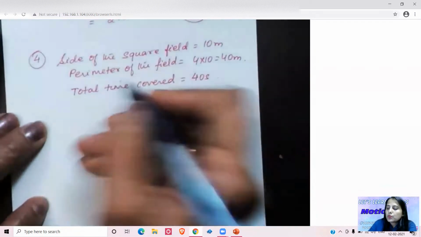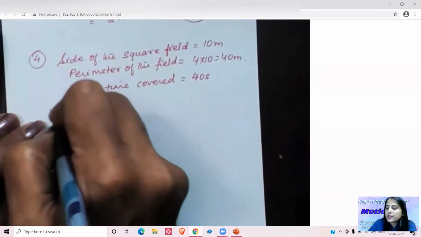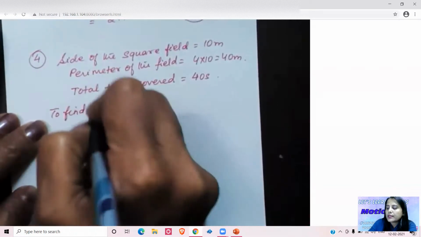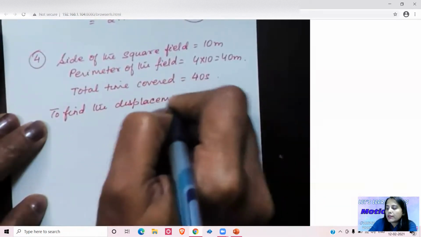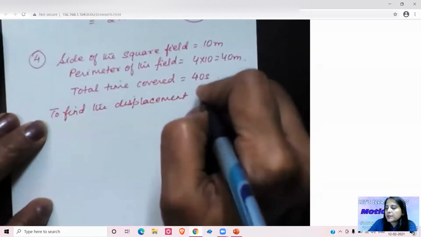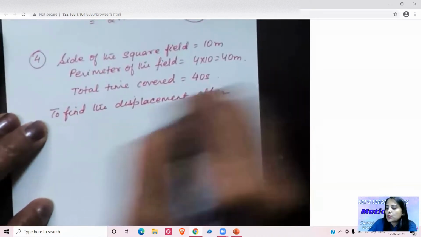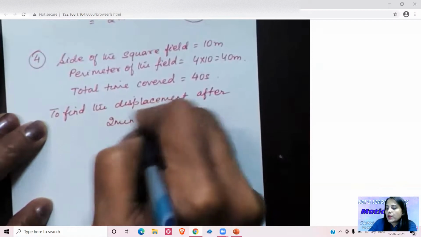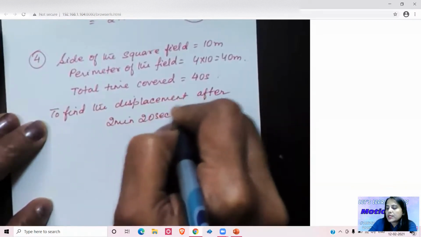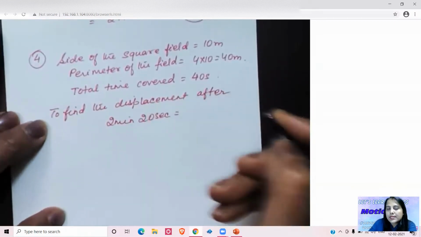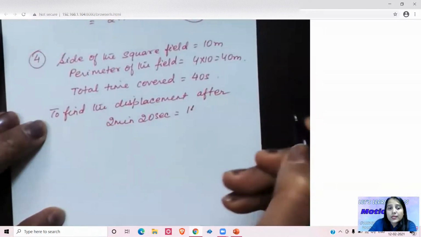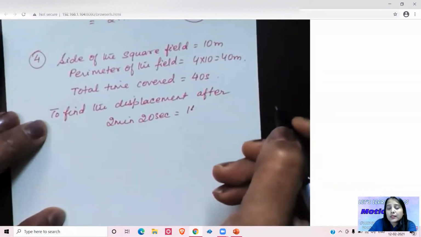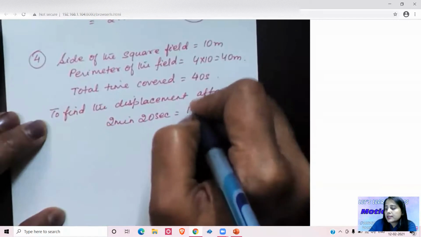Now, to find the displacement, we are asked to find the displacement after a given time. Displacement after 2 minutes 20 seconds. Now, what is that? 2 minutes is 120 plus 20, that is 140 seconds.